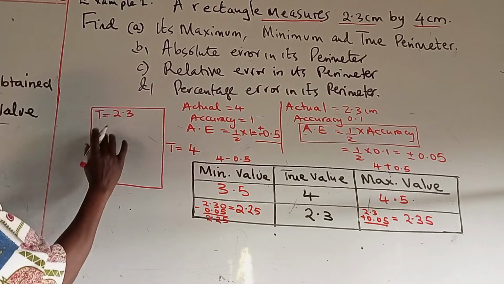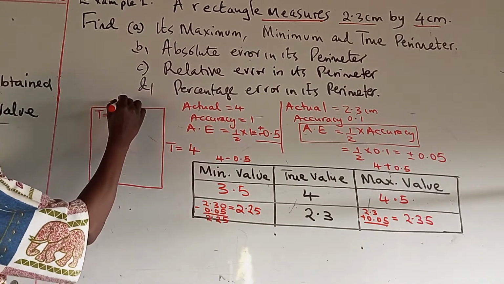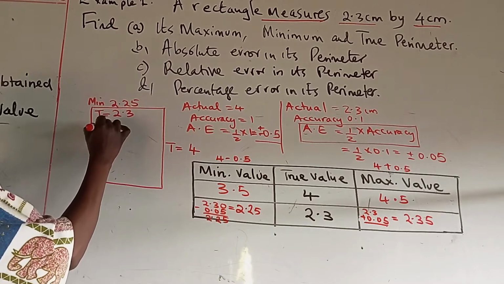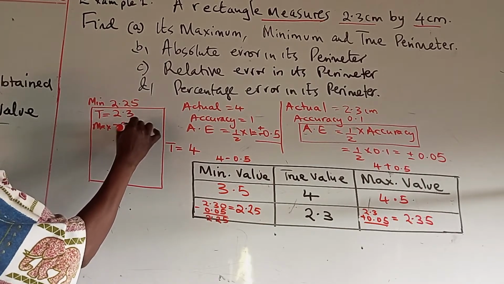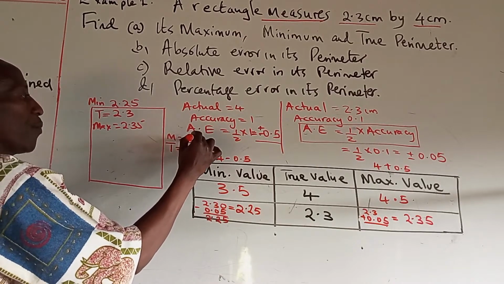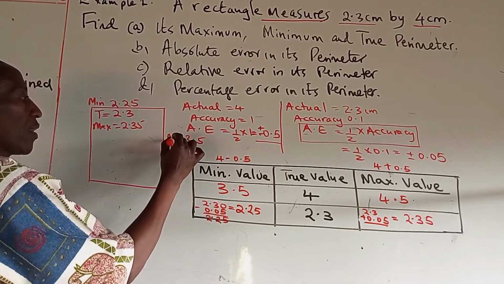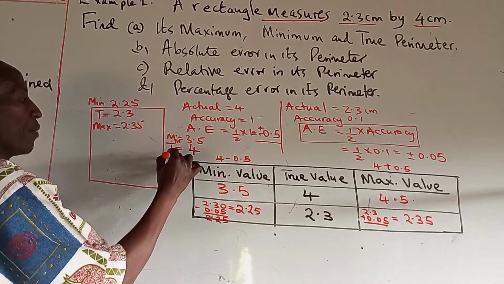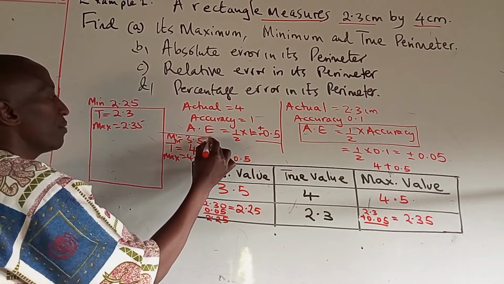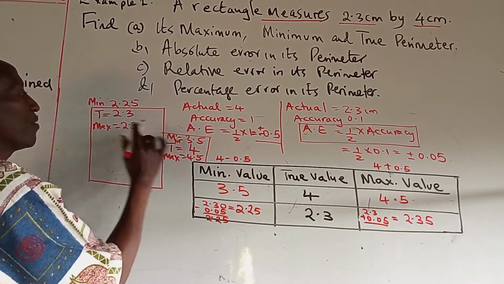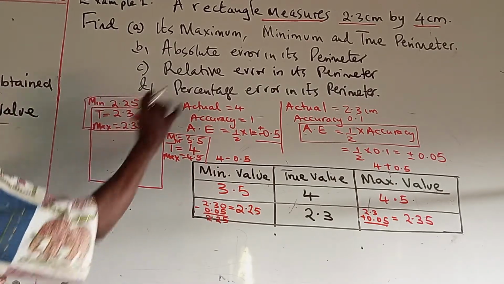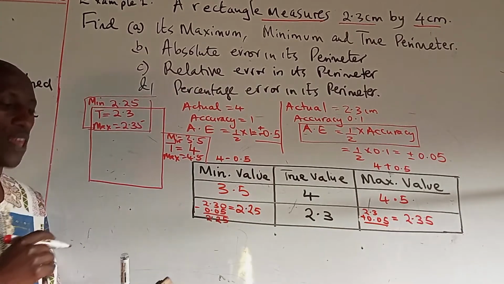If we transfer these measurements, they will look like this. 2.25 is the minimum. The maximum is 2.35. Whereas here, the minimum is 3.5, and the maximum is 4.5. So these measurements are going to be very, very useful as we work out the other portions.